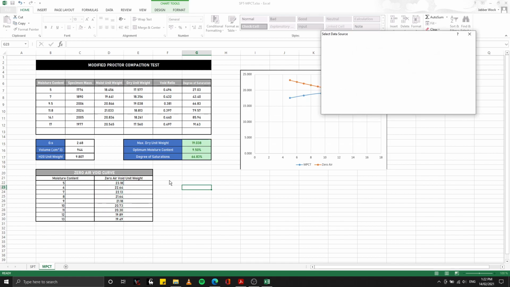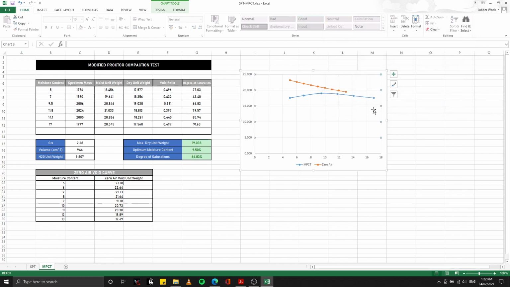Now, as you can see, sa ating final output sa ating chart, hindi nag-intersect ang ating values dito sa first chart o sa first table dito sa ating zero air void curve. Okay? So, at least ma-identify natin kung ang ating table or ang ating data is mag-intersect sa zero air void curve or hindi siya mag-intersect. Okay?